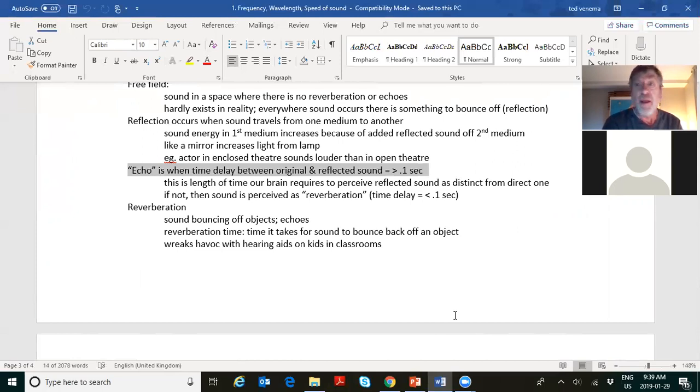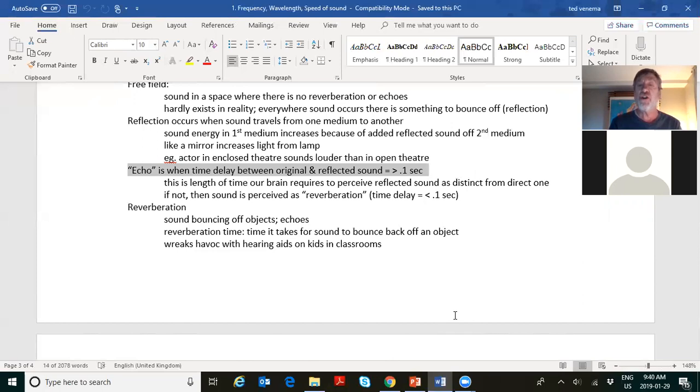The reverberation that you hear in that gymnasium, those are reverberations because the sound bouncing back off of the walls took less than 1/10 of a second. Rooms like gymnasiums are not big enough to really result in echoes. So the sound bouncing back off of the walls is going to be called a reverberation. The sound bouncing off a wall in a classroom would be reverberation.